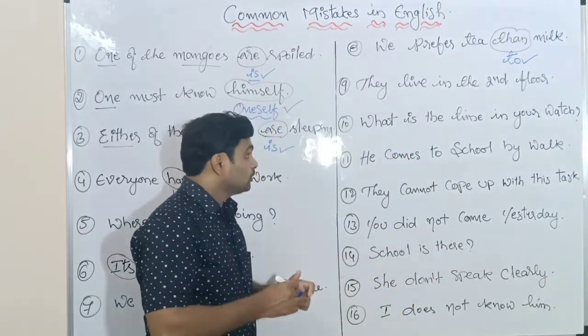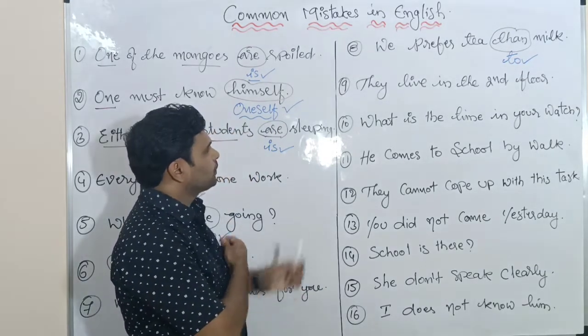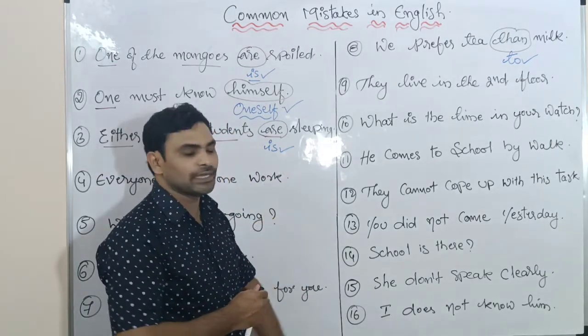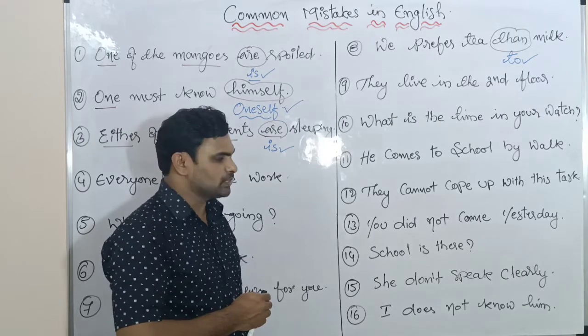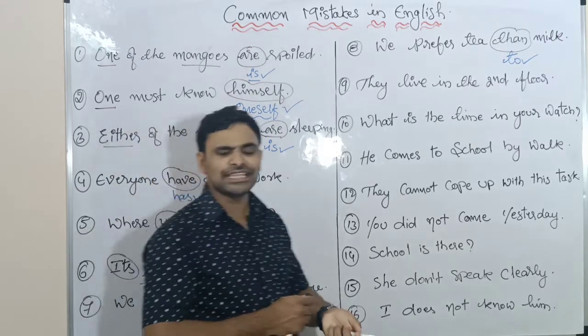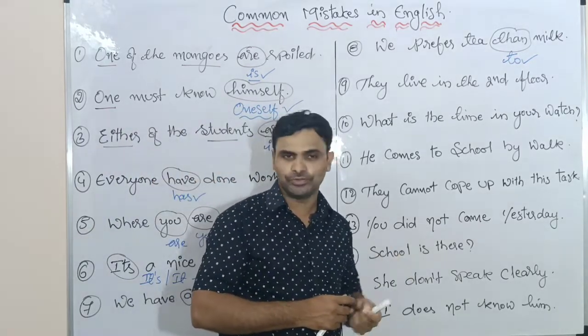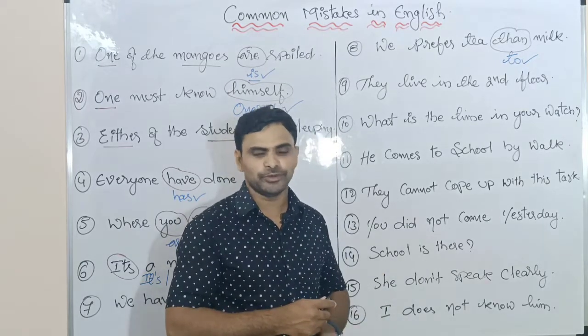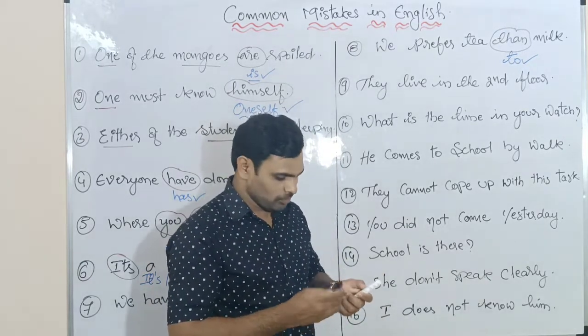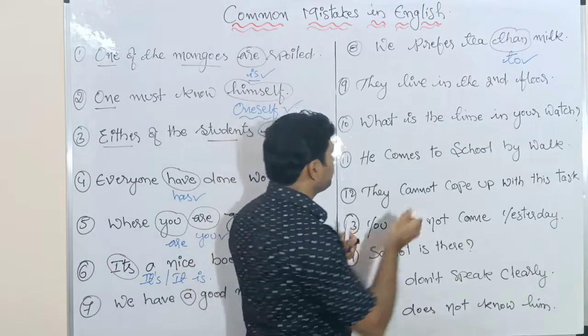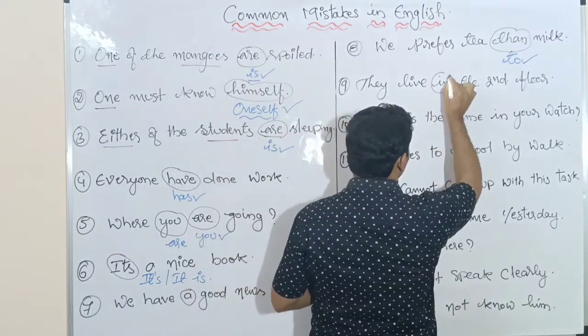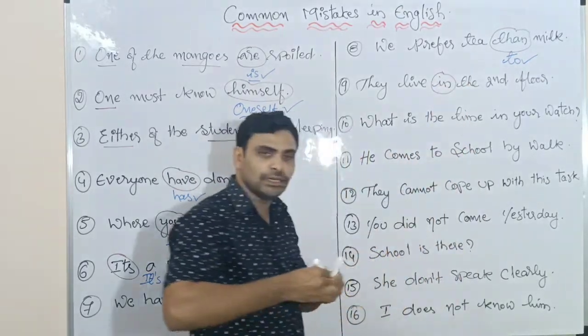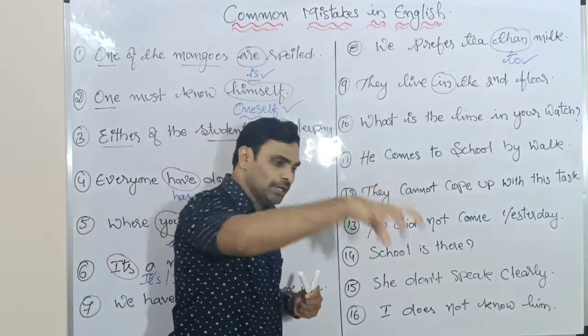Very good. Ninth one, "they live in the second floor." Many say, where do you live? I live in the second floor, I live in the fourth floor, I live in the first floor. No. So what is the wrong word? In the place of the word in. In refers to the volume inside.